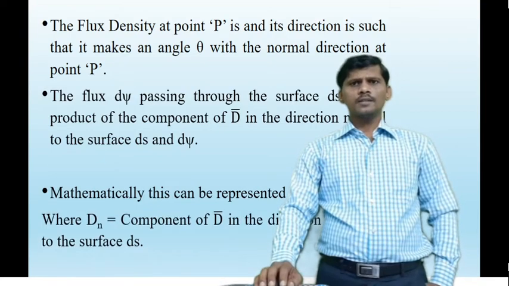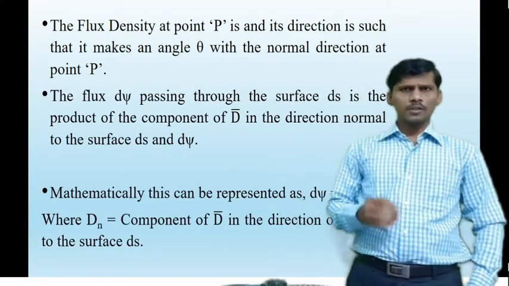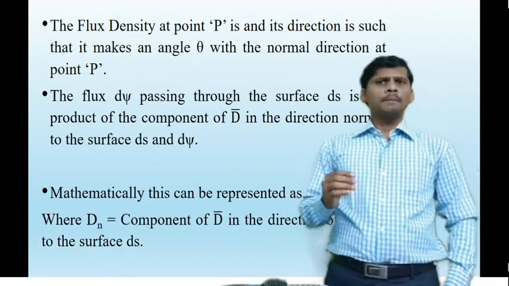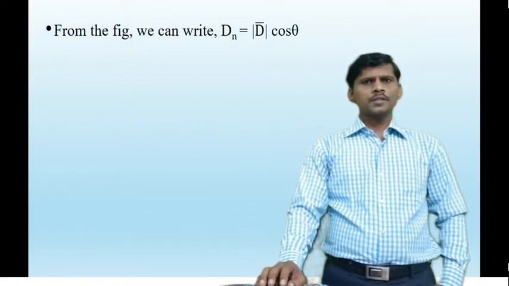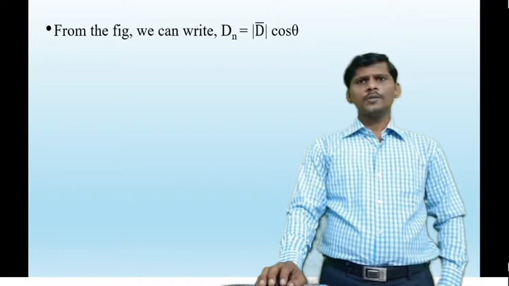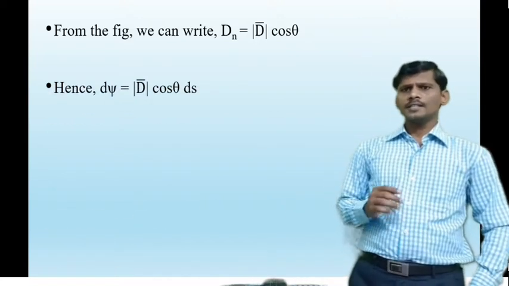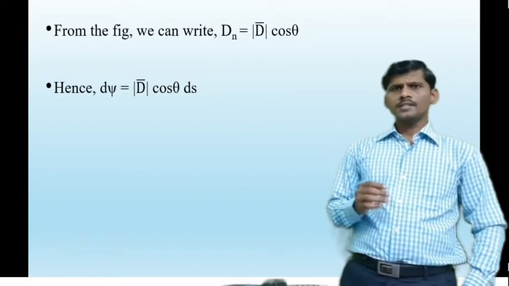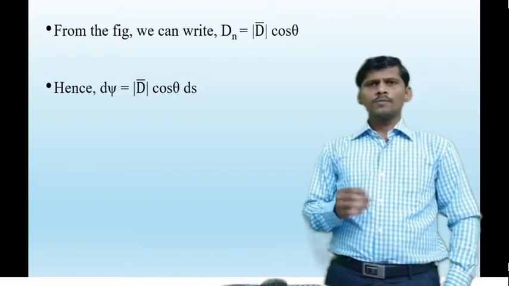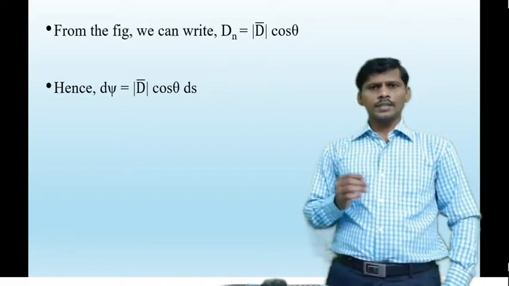From the figure, the component Dn equals magnitude of D bar cos theta. Substituting this Dn value, the flux d psi equals magnitude of D bar cos theta into ds.